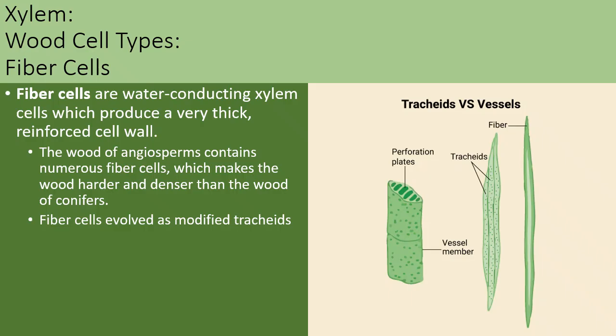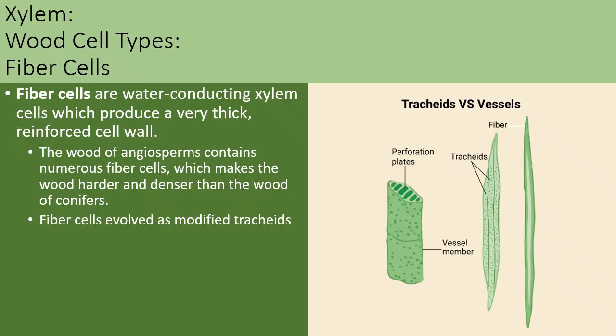When angiosperms figured out these vessel elements, they were like, this is awesome, I can move tons of water, but now my wood is kind of weak. So what they did is they modified some of their tracheids to have super, super thick walls and produce these fiber cells. And the fiber cells allow that wood to still be structurally strong enough to not collapse.